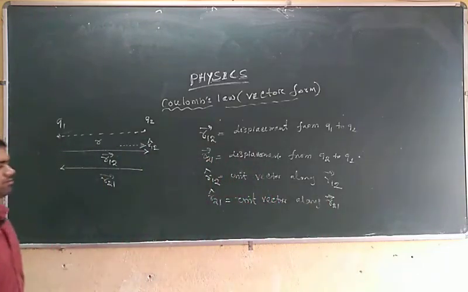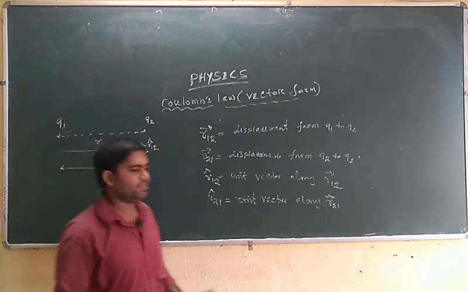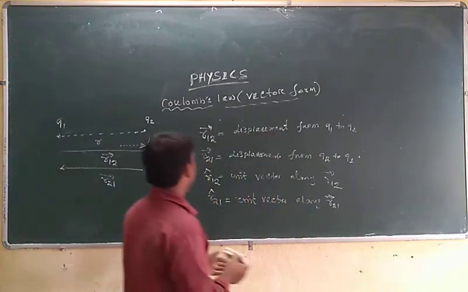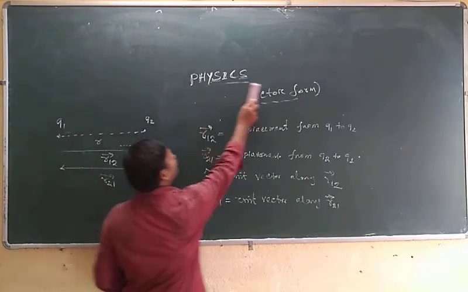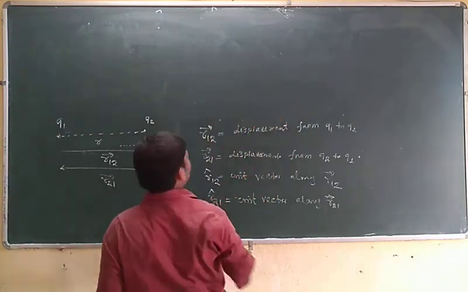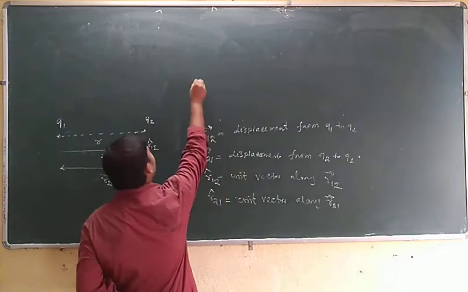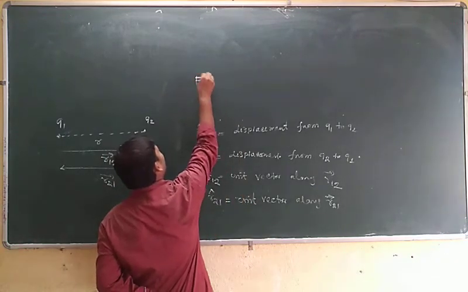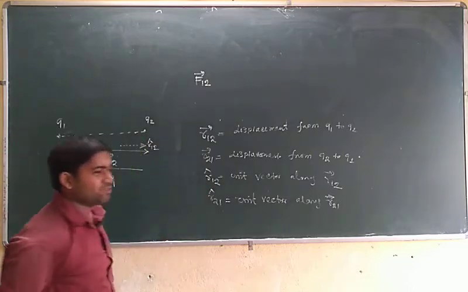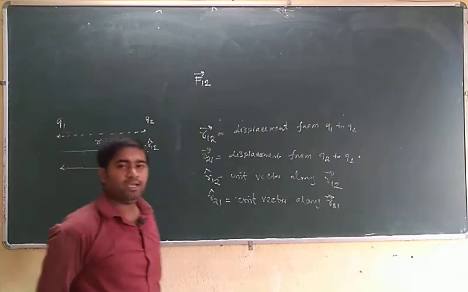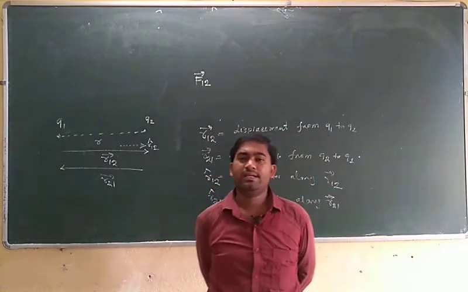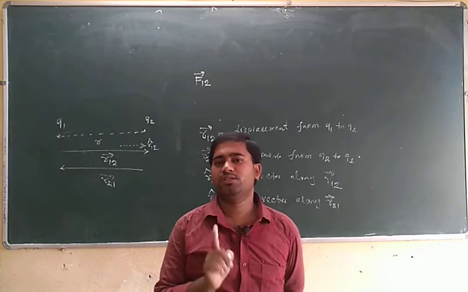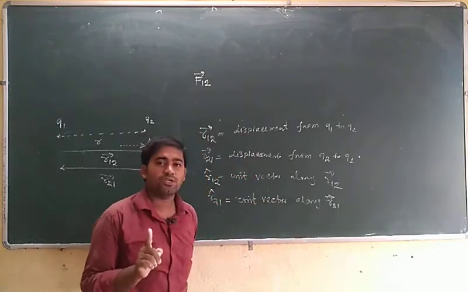Now come to the direction of force. Suppose we write the force with the index as F12 vector. First index is 1, second index is 2, so 1 means q1 and 2 means q2 charge.